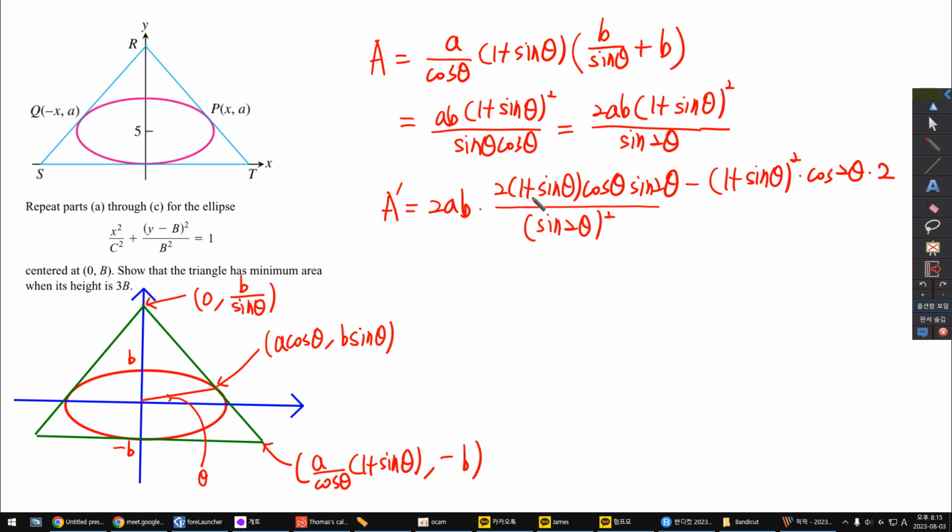And that means the numerator of the derivative should be 0. So if we take just this numerator, they should be equal. So we can cancel these two and this.